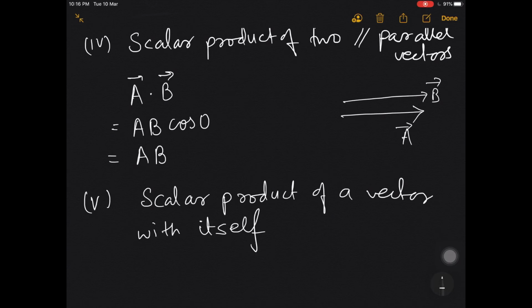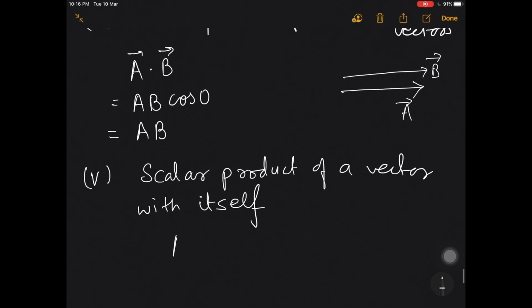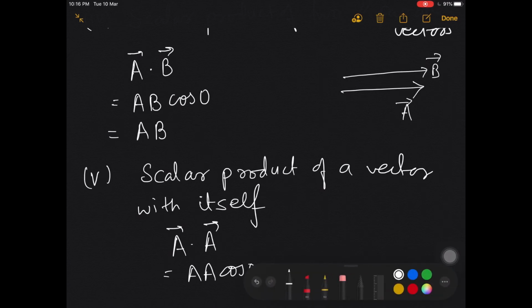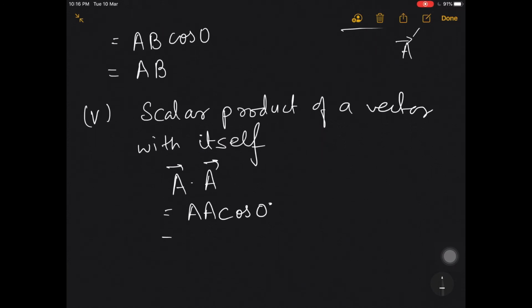A dot A is A A cos 0 degree. Cos 0 is again 1, so it is nothing but A square. So the scalar product of a vector with itself is simply the square of its magnitude.